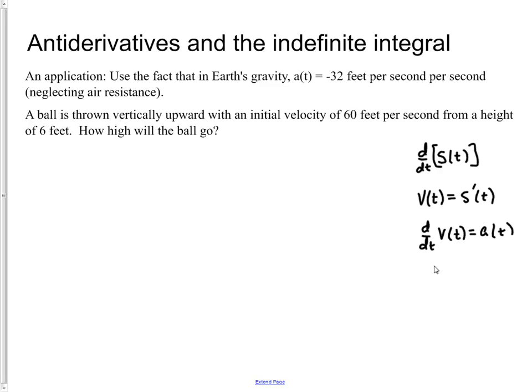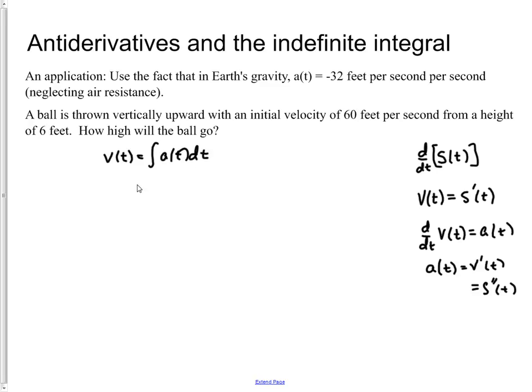Now, our acceleration is the first derivative of our velocity function, and we might also say that it's the second derivative of our position function with respect to time. So, if we reverse the process, then our velocity function should logically be the antiderivative of our acceleration function with respect to time t.